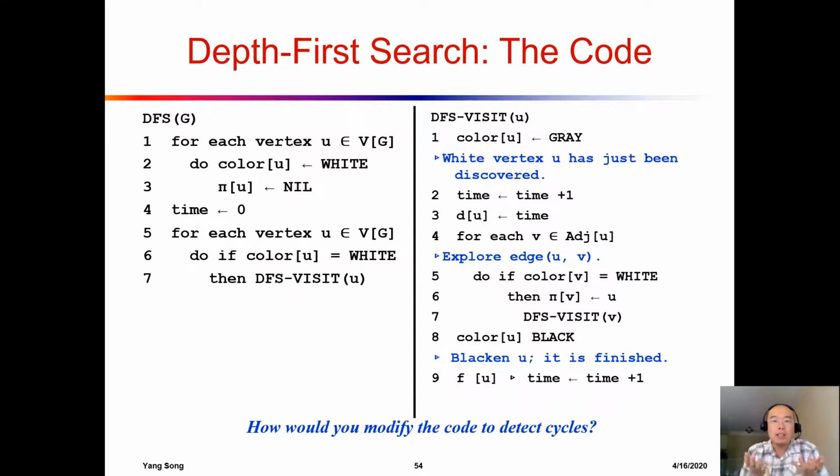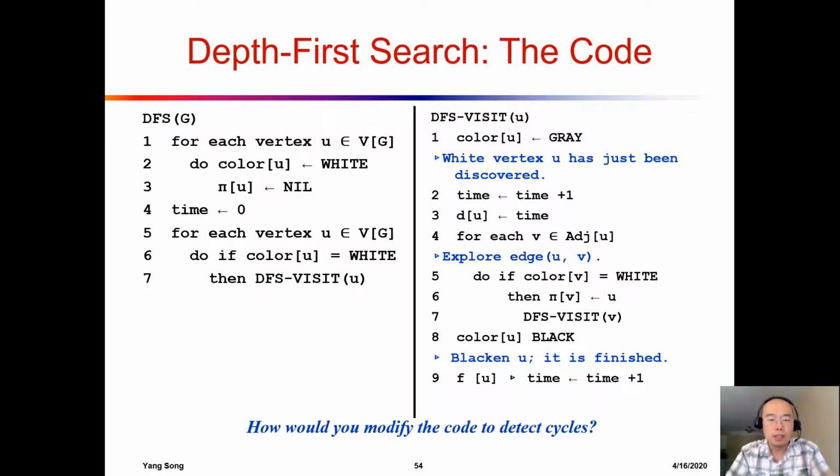So that's the reason that when we go back and we see a black or a gray, we can immediately say, okay, I found one cycle. As long as I find one cycle, I don't want to continue this search anymore, and I will return that I have found a cycle.